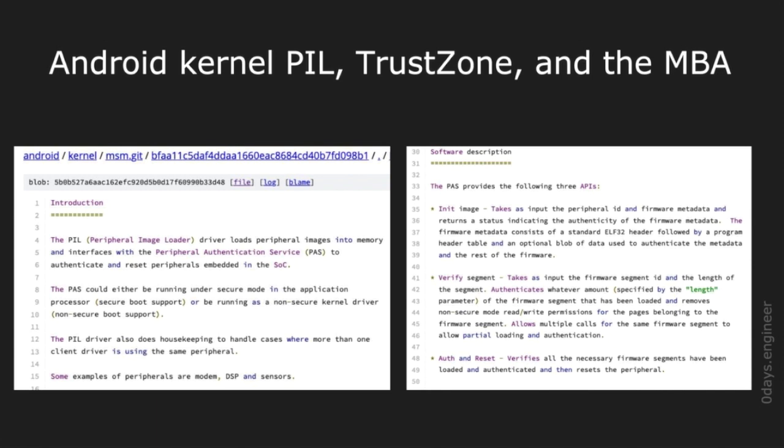You can open the source code and investigate how exactly it looks. The purpose of the MBA is to authenticate the modem firmware so that you would not be able to inject arbitrary commands into the modem firmware and flash it. This is another side of the hardening, which makes it very difficult to inject any arbitrary code into the baseband. Basically, the only way to do this is through a software vulnerability.